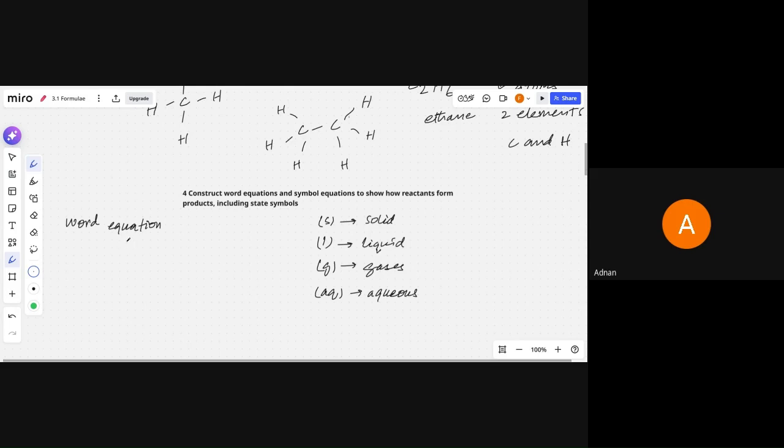So now let me give you an example here. Let's say sodium reacts with chlorine to produce sodium chloride. Write the word equation.